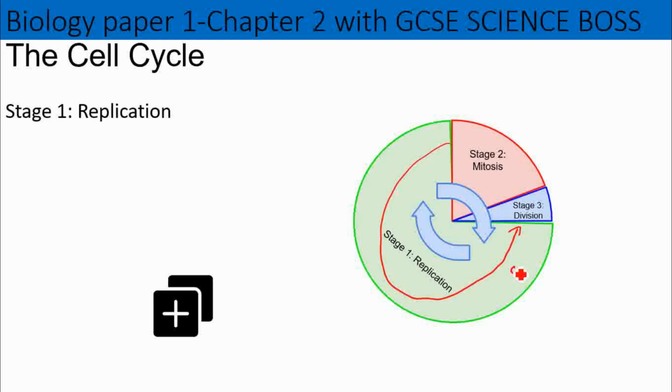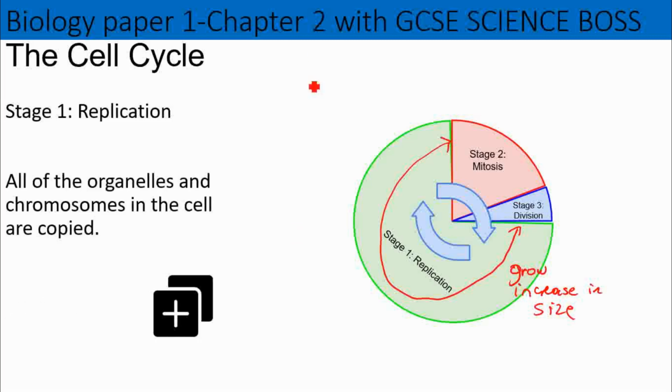The cell is growing, increasing in size, and when it gets towards the end, it begins to replicate. Replicate means to make a copy of itself.